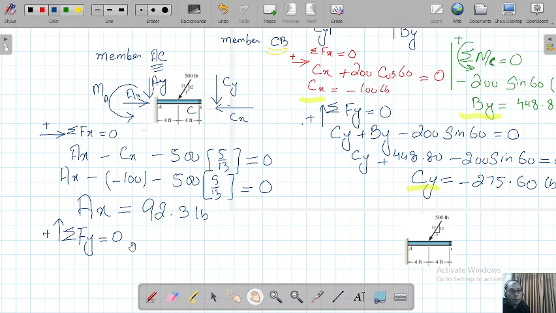Again we have assumed the direction of Ax here, but this was our assumed direction. We can assume because we have assumed it. This is our Ay. Okay, this is our Ay. So we can say this Ay is going to be a positive value.